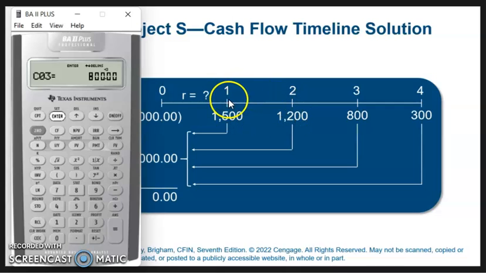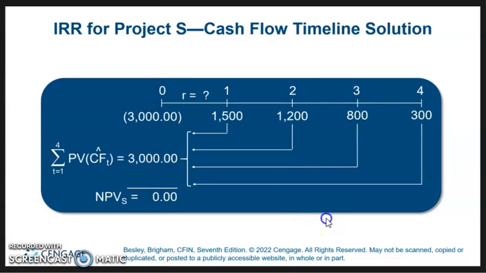Then I go from C01 to C02 and so on down the line. So C04, I go down arrow twice. Whoops. 300. Enter, and then IRR compute, and 13.11%. So as we would expect, the IRR for project S is greater than project L.